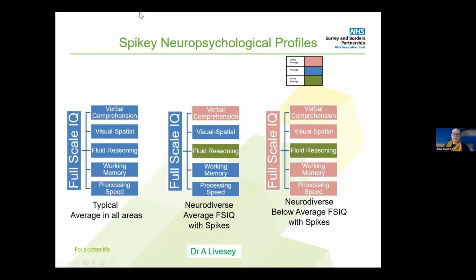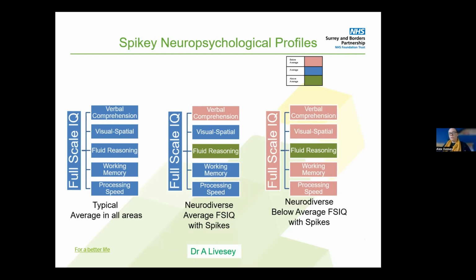What is more likely is you might still have an overall average full-scale IQ, but a real spiky profile of strengths and difficulties. The pink is showing below average and green above. So this particular person has perhaps a real relative weakness in verbal comprehension, but a real strength in fluid reasoning.